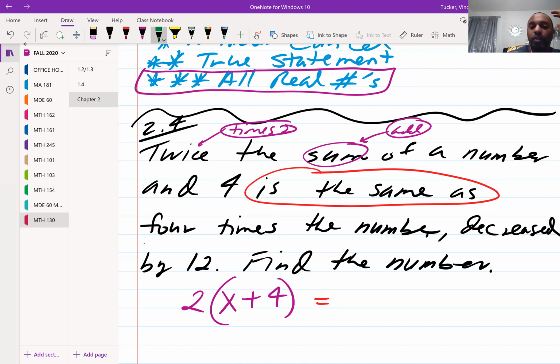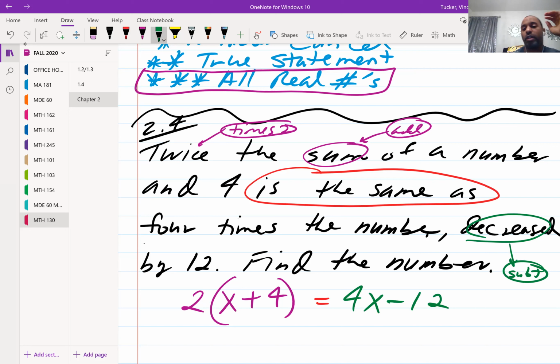Now on the right side of your equal sign, it says 4 times the number. Well, that's self-explanatory, so it's going to be 4x, and then decreased by 12. That's subtraction, so we do 4x minus 12.